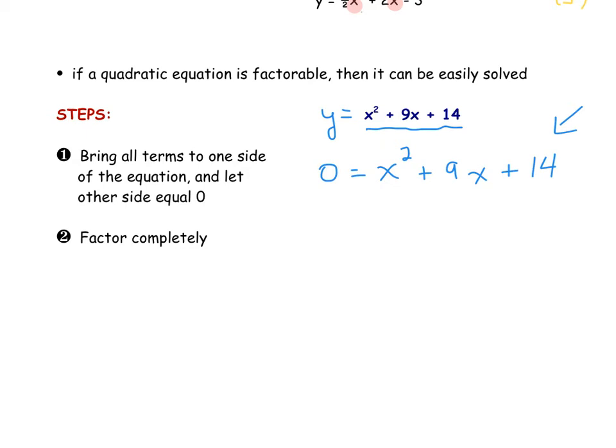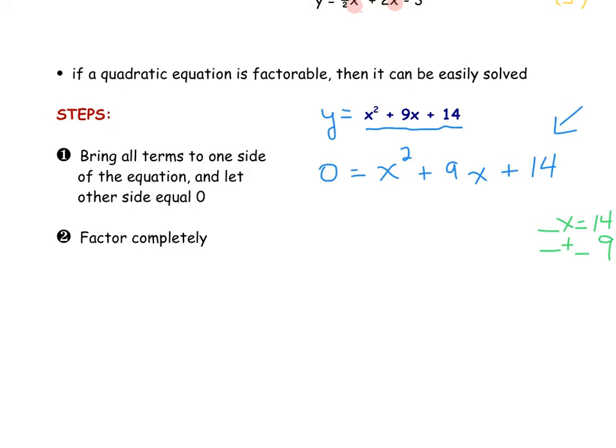So this is the type of question where I want to say to myself, well, I need two numbers that are going to multiply to give me 14, but they're going to add to give me that middle term, which in this case is 9. So I need to think about, well, what are those values? I tried to start off with a question where the factoring was not really a big stumbling block.